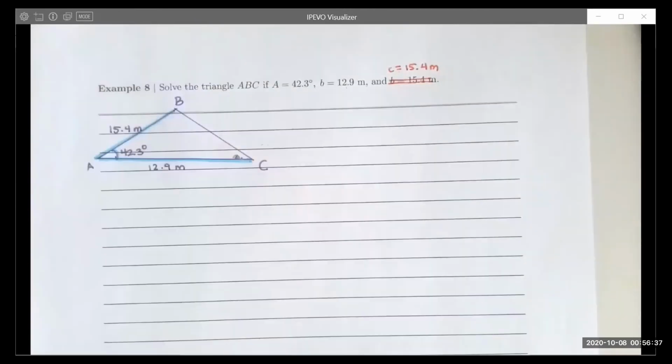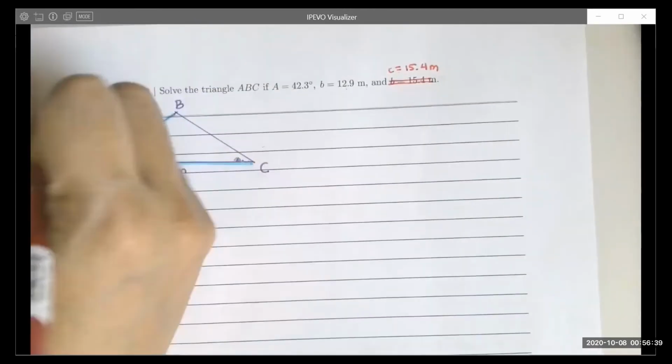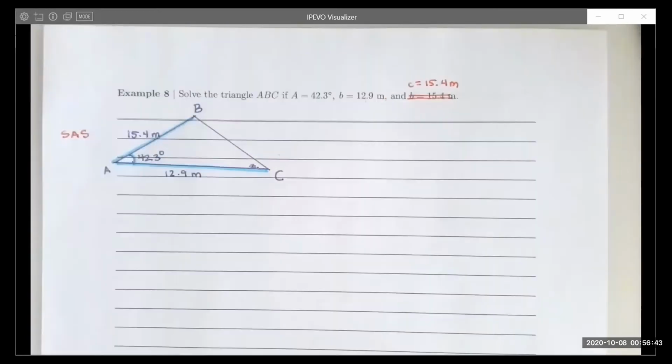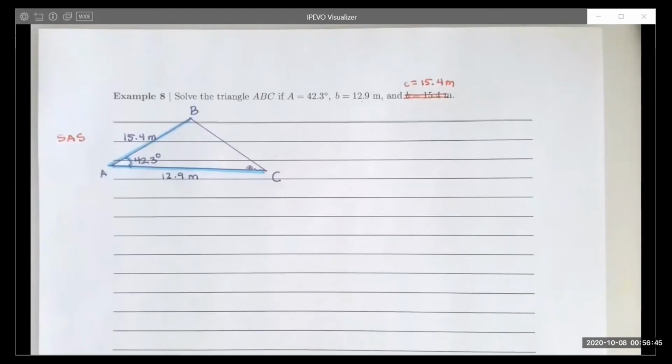For the given information, I have a side, I have an angle, and I have a side. That means we're under the case side, angle, side, which calls for the law of cosines.